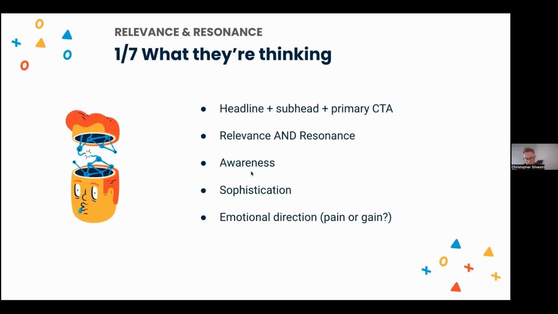Solution aware means that they know that there are solutions around. They're just finding out the best solution for them. Product aware means that they are aware of your product as a solution, but they're still not sure it's the right fit. And then finally, ideally, most aware, where they just need the price and final transactional arguments to be convinced that they need to go with you.